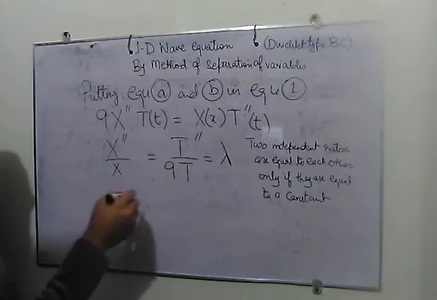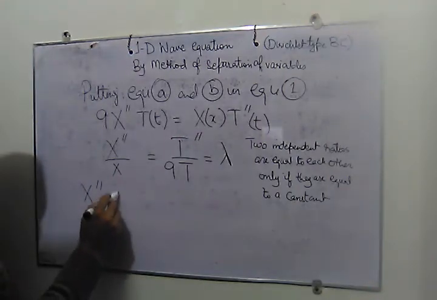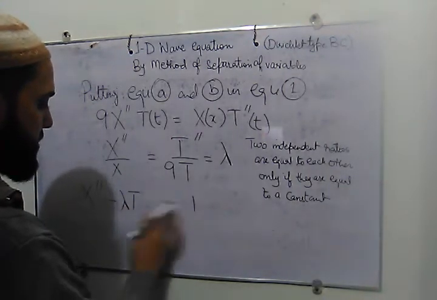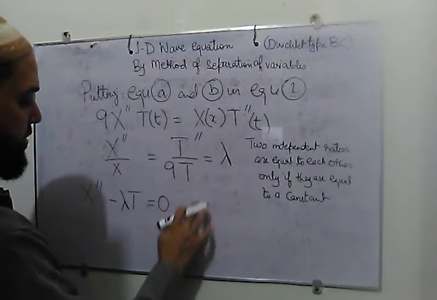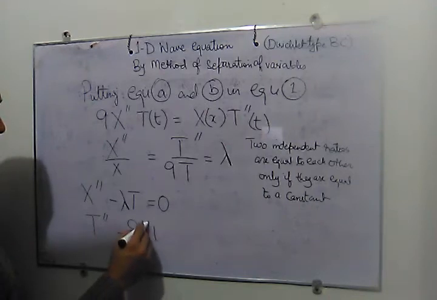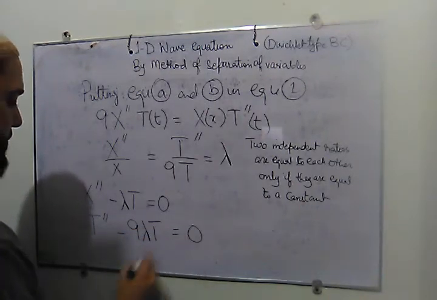Using this expression we have two equations: X double prime minus lambda X equal to 0, and another equation, T double prime minus 9 lambda T equal to 0.